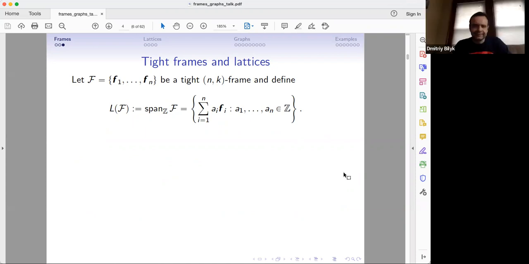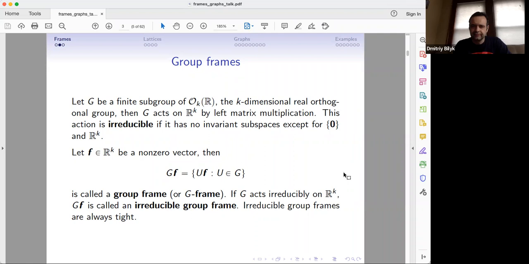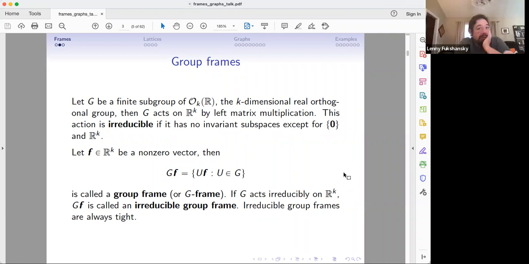I'm sorry, Lenny. Can I ask a quick question? Is it easy to see that the irreducible group frames are necessarily tight? It's not super difficult, but it's a lemma. I'd have to think about it for a few minutes. All right, never mind.